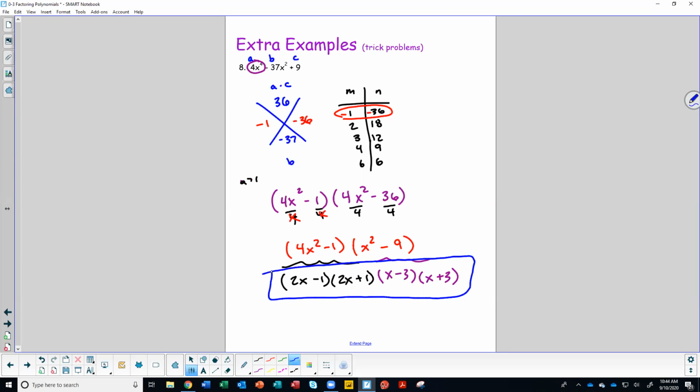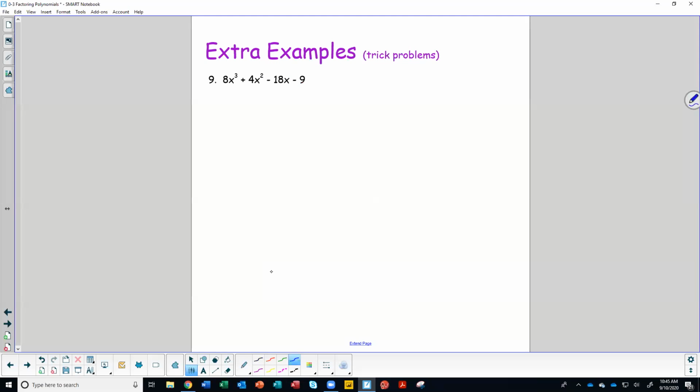I know it's kind of long and tricky, but there it is. One more is if you had 4 terms. 4 terms, we do what's called grouping. And so again, I'm going to post this video on YouTube. I know I'm going really fast. But you group the first 2, you group the last 2. So what's a GCF in the first 2?